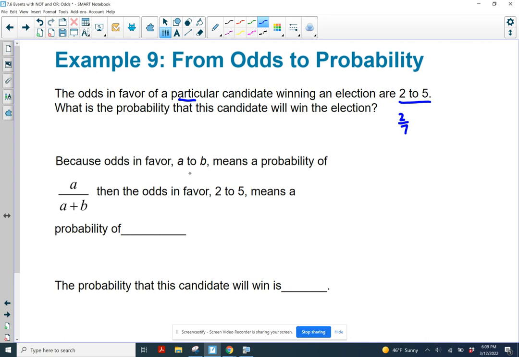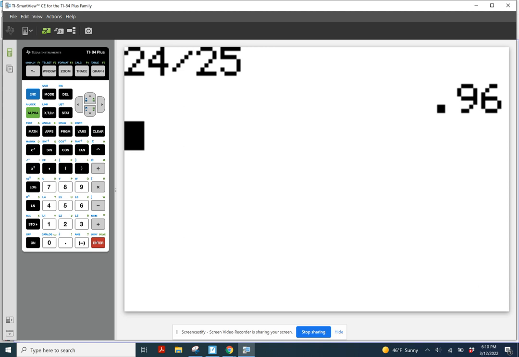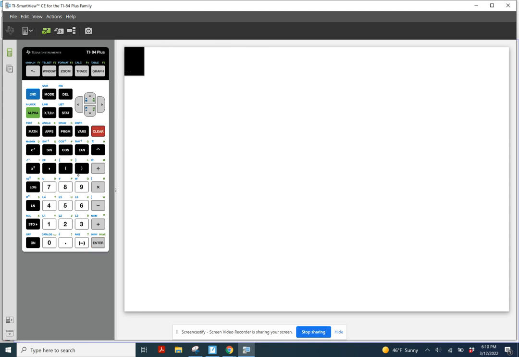Because the odds in favor A to B means the probability of A over A plus B, the odds in favor of 2 to 5 means a probability of 2 over 2 plus 5, which equals 2 out of 7. So the probability that this candidate will win is 2 out of 7. If we want to grab our calculator and change that to a decimal, we do 2 divided by 7.